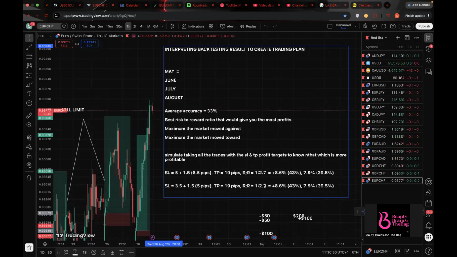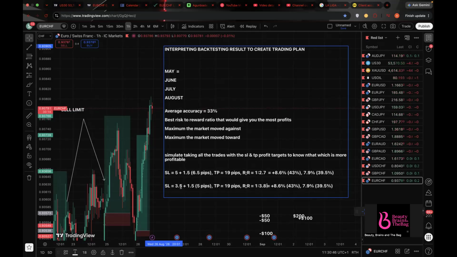All right. So risk to reward ratio for this would be increased to 3.8. Yeah, definitely. Since I reduced my stop loss, some of the trades that are meant to be a win in this particular one will be stopped out here. Accuracy is going to reduce if you reduce your stop loss. The smaller your stop loss is, the lower your accuracy is going to be. Okay. Right. But that's why the risk to reward ratio is split.